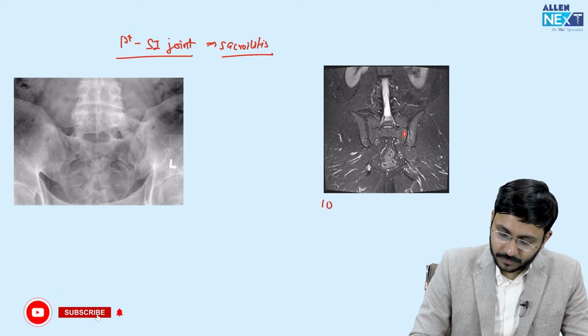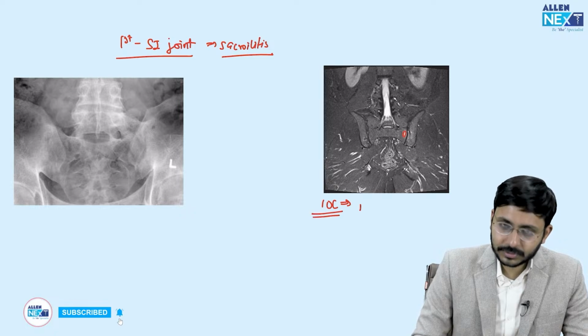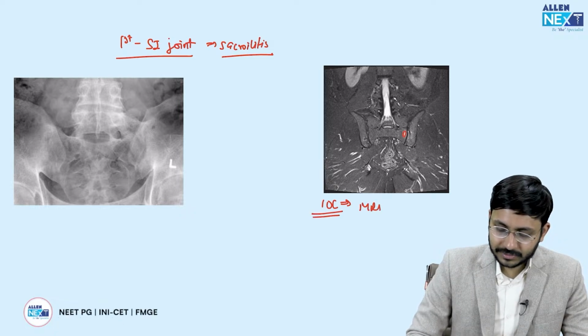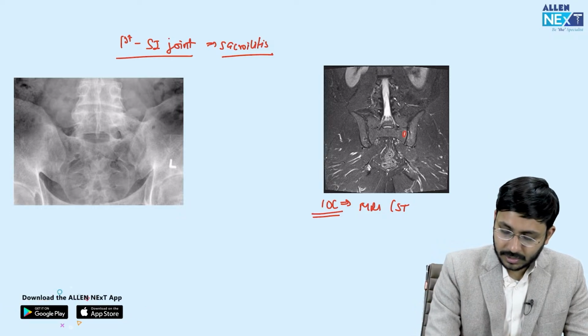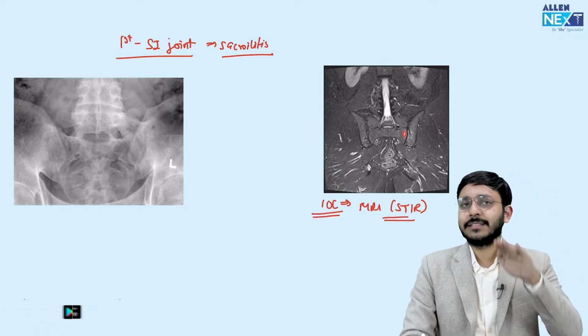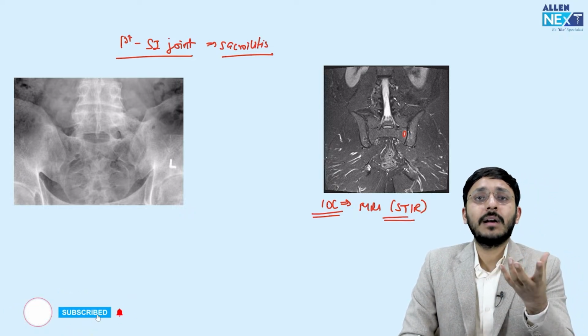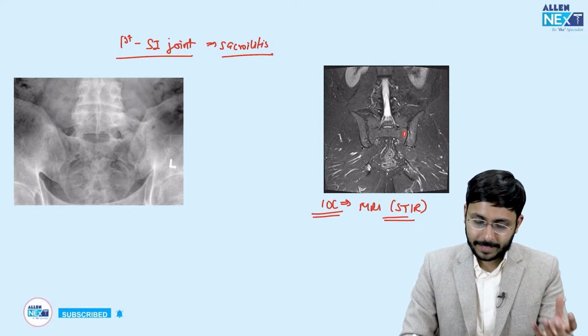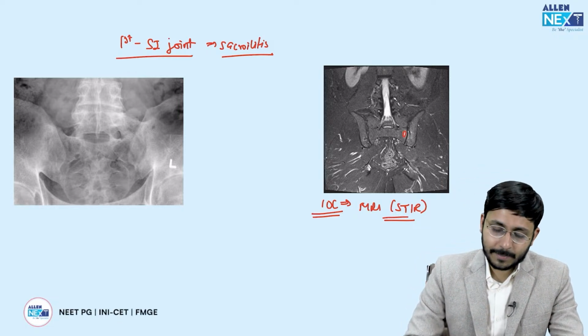Now, investigation of choice for sacroiliitis becomes MRI, and with sequence in MRI, we do a STIR sequence, short tau inversion recovery sequence, that suppresses the bone marrow fat, and hence the edema appears very bright. So, investigation of choice is an MRI.